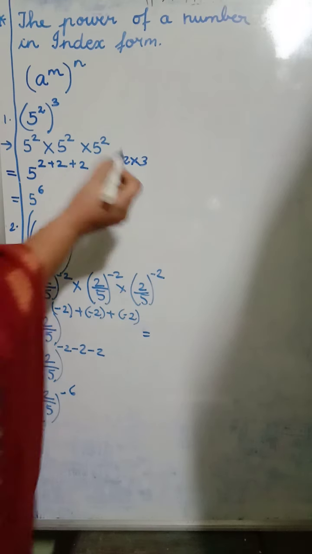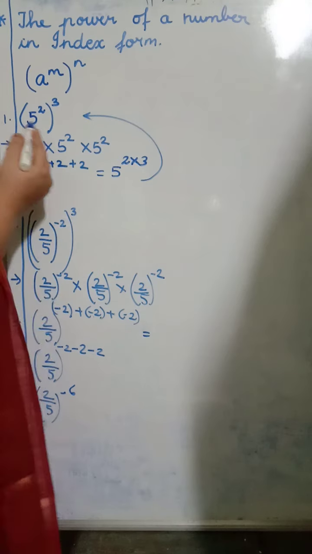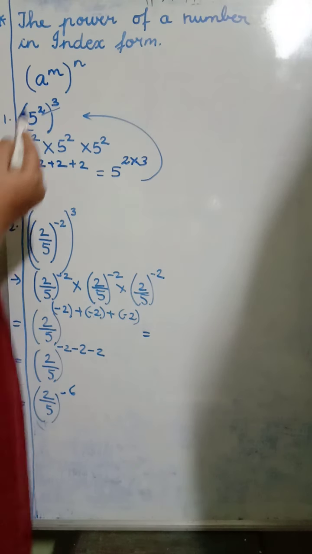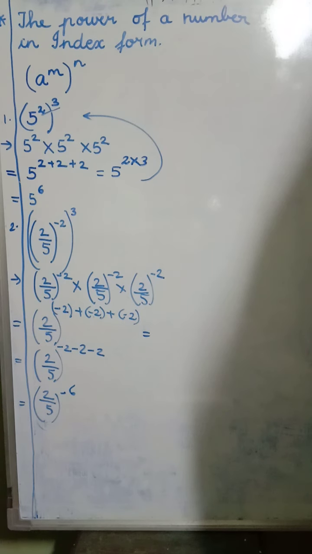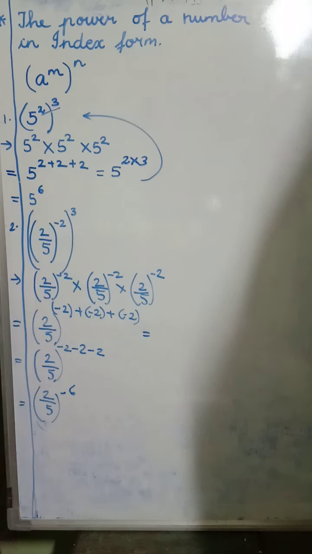Now if you look at the question, what did we do in short? We kept 5 as it is, and we multiplied the indices. Yes, so this is a short form, and from this we will derive the formula. Now we'll check if the same happens in this sum.